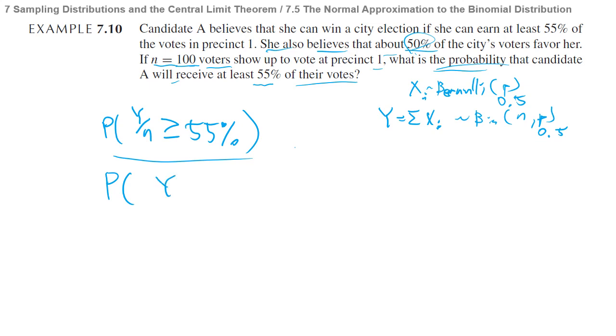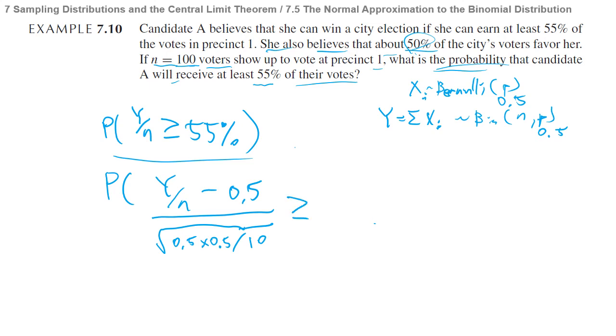Y over N minus p, 0.5, divided by the square root of 0.5 times 0.5 divided by square root of n, which is 10.